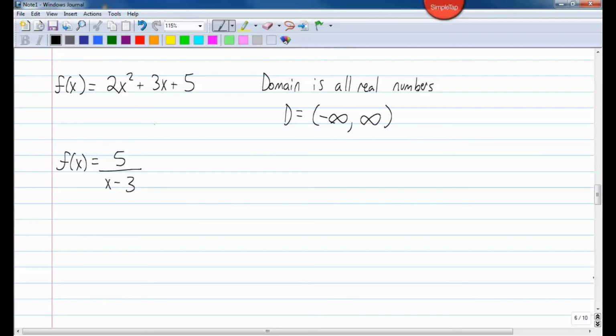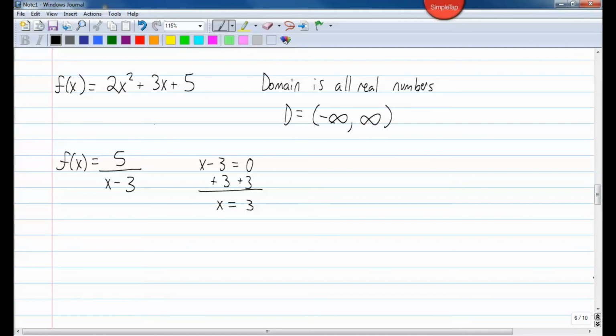So the way you figure out what you need to leave out of your domain, or the restriction on your domain, remember, is by setting the denominator equal to 0. Now one like this, you can just probably look at it and tell. But you can still take the denominator, set it equal to 0, and solve if you can't tell what we do not want x to be. If x is equal to 3, then 3 minus 3 in the denominator is 0, and we can't divide by 0, so we need to leave that number out of our domain.